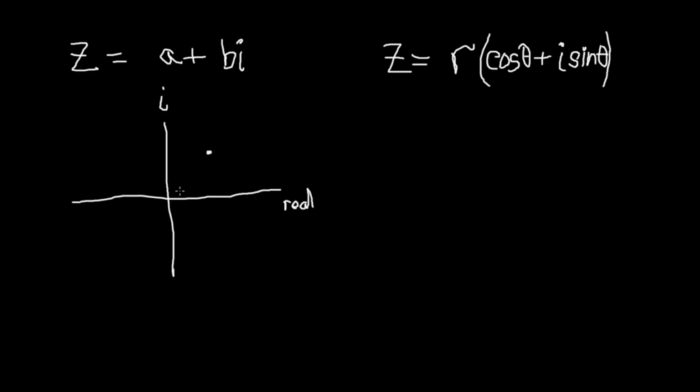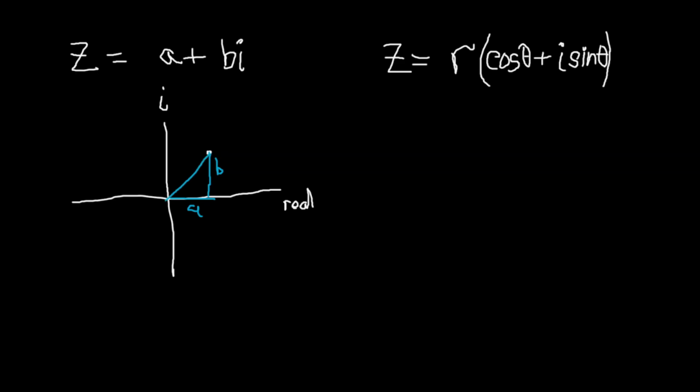And the point here is a, and this is b. Very similar to the one when converting from rectangular coordinate to polar coordinate, but the difference is this has an imaginary number.